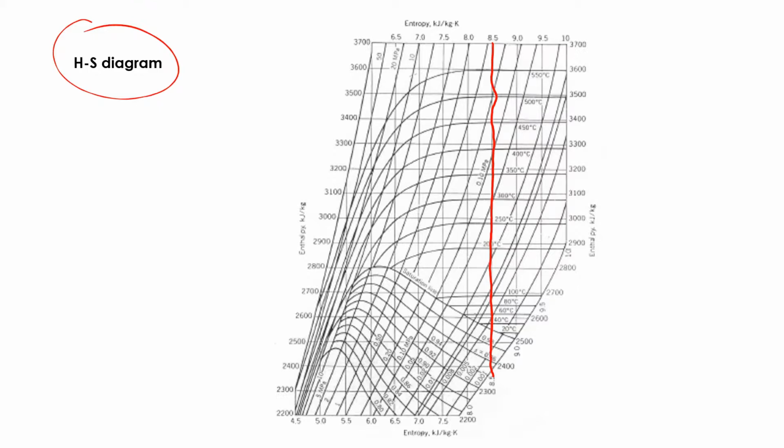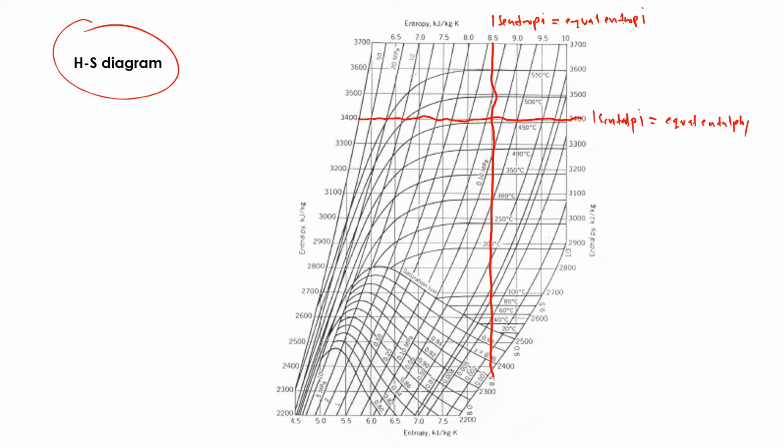This line, the horizontal line, is isenthalpy. Isenthalpy is a line having equal enthalpy.